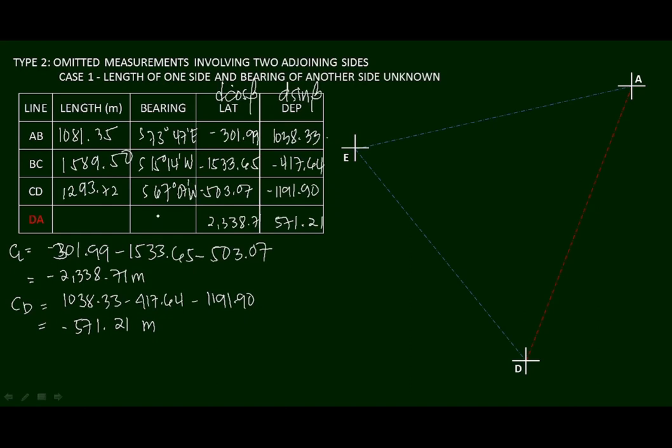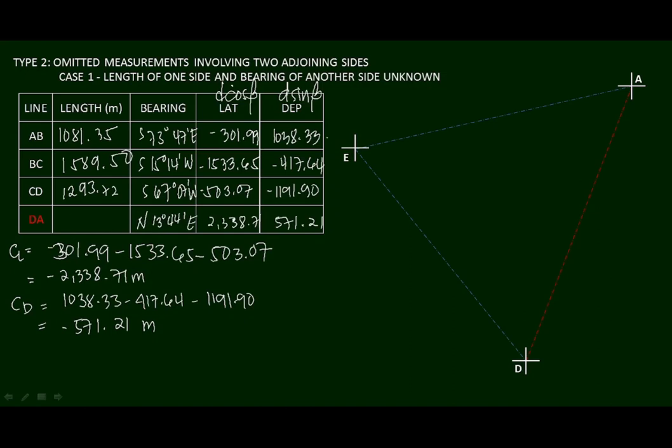And my answer here, I round that up to the nearest minute. So my answer here is 13 degrees 44 minutes. Again, verify my answers. Positive, so my bearing for DA is in the north east.